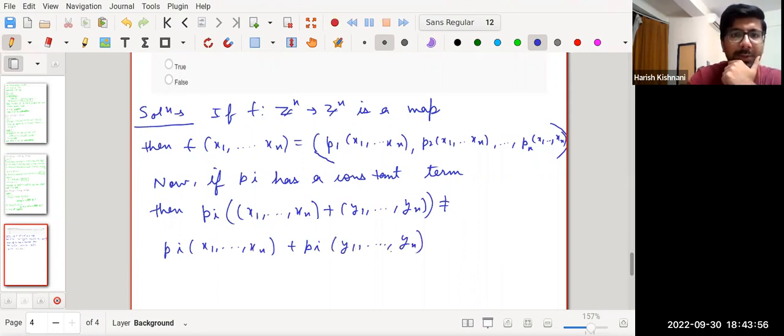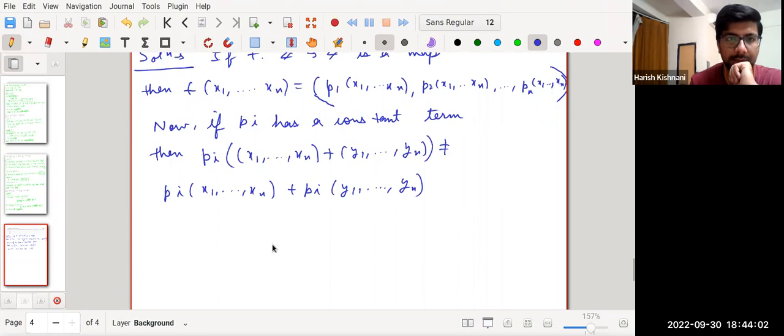Because here you will have a single constant term and here the constant term will be added twice. So that won't be the case. And this will contradict that f is a homomorphism.